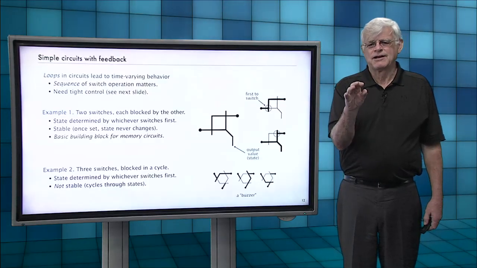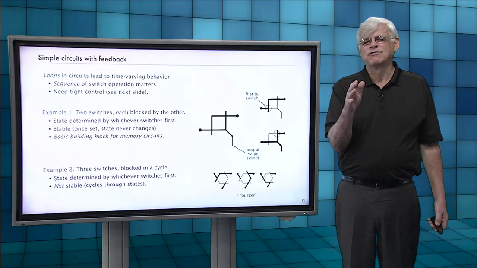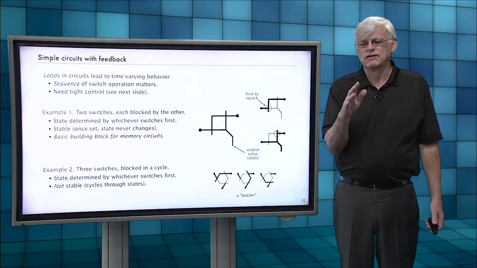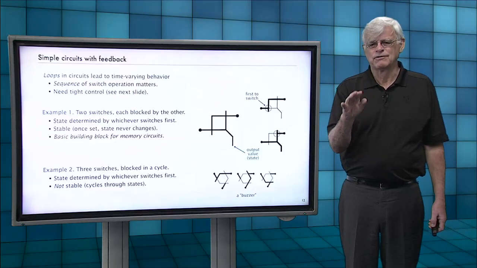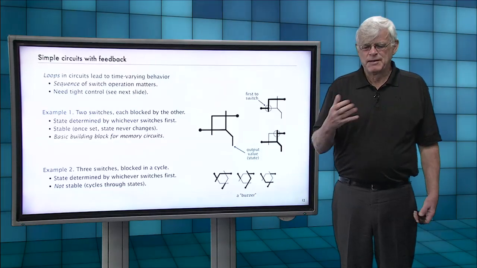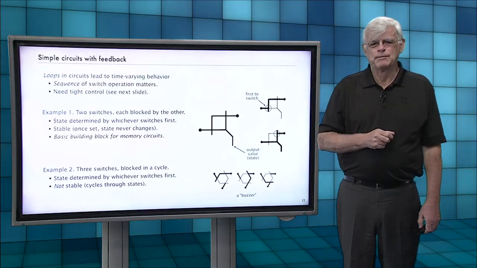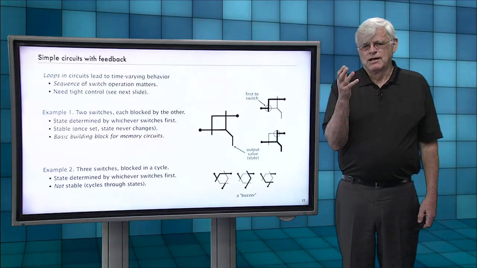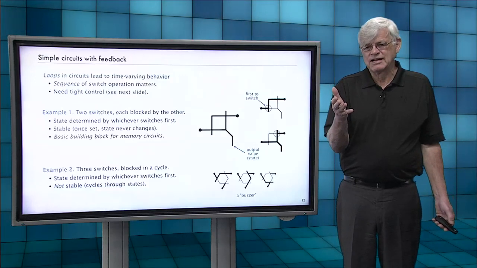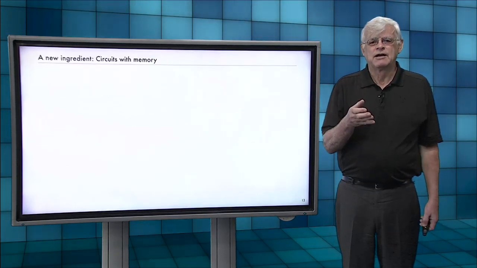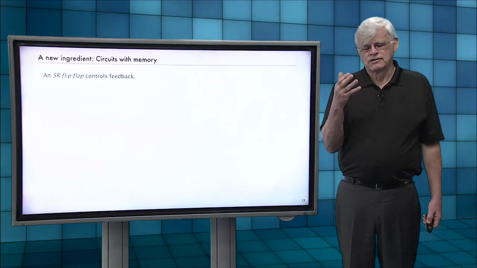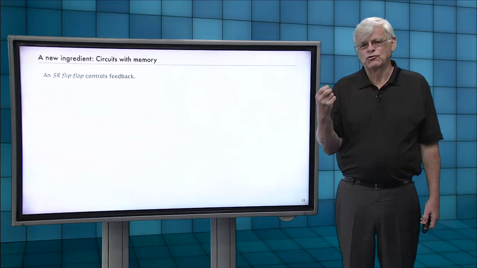So because of that kind of behavior, we want to stay away from long feedback loops, or at least make sure we have very tight control over long feedback loops. And the main way is to put all our feedback just in the 2-switch feedback. So there we go. That's the idea of memory. And now what we want to do is control when the switch switches.